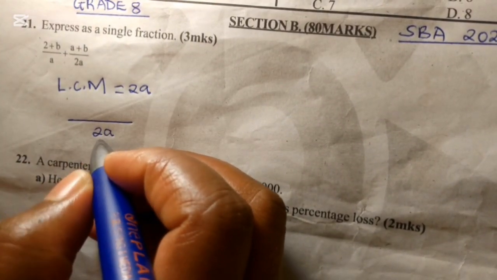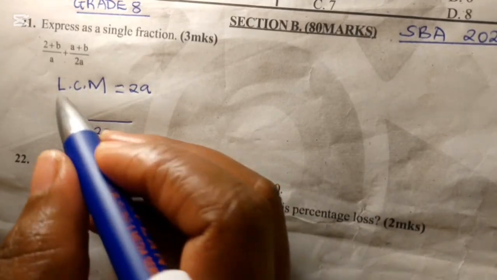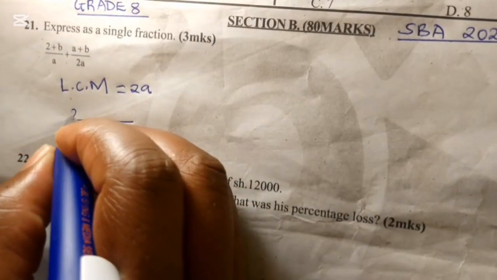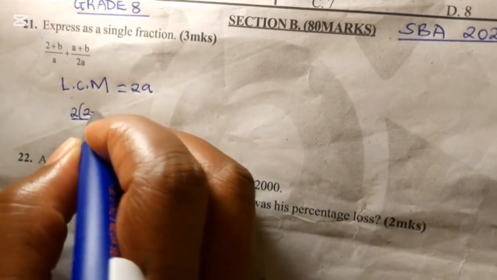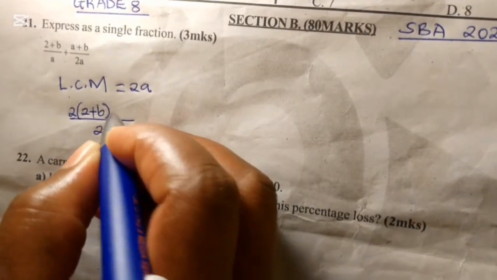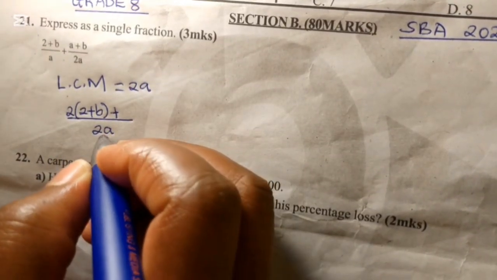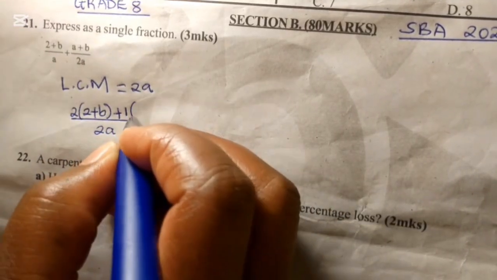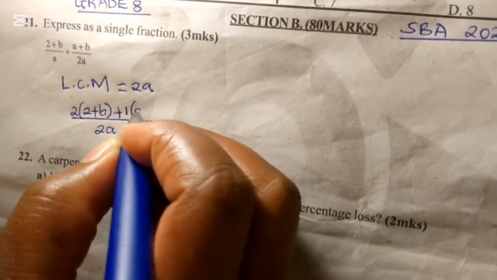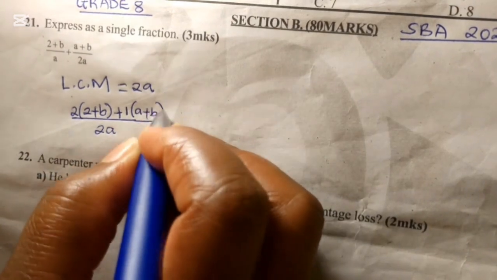Then 2a divided by a is 2, times the numerator 2 plus b, plus 2a divided by 2a is 1, times a plus b.